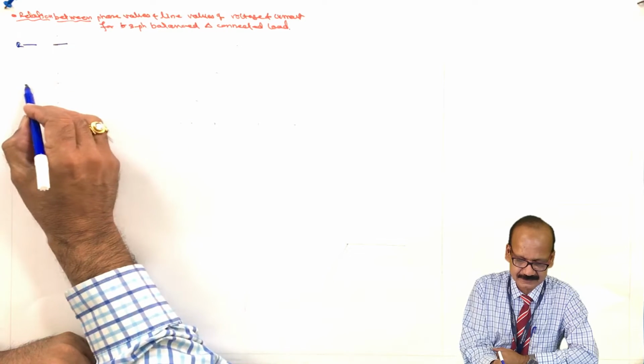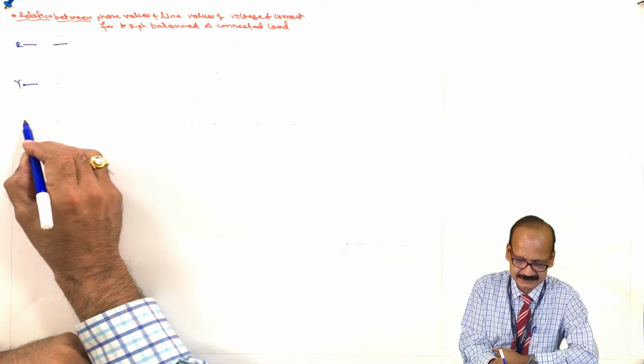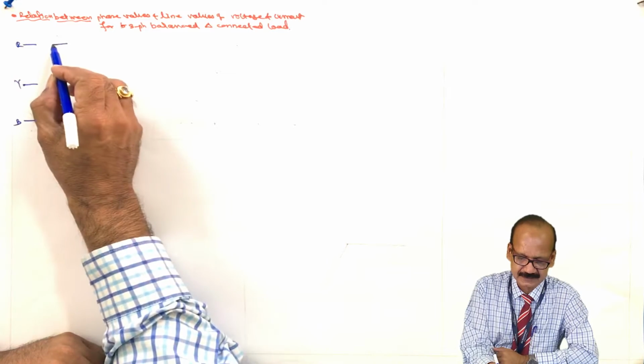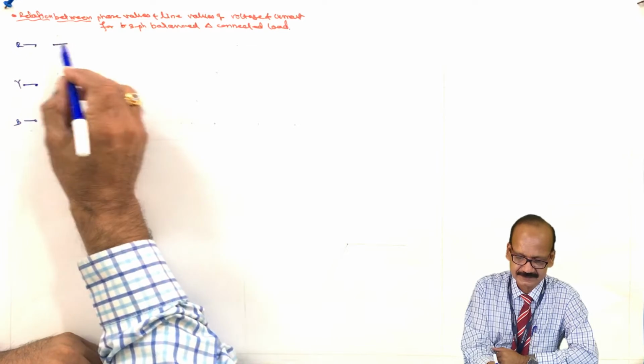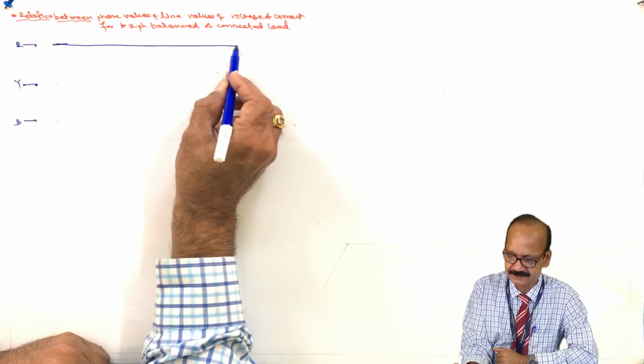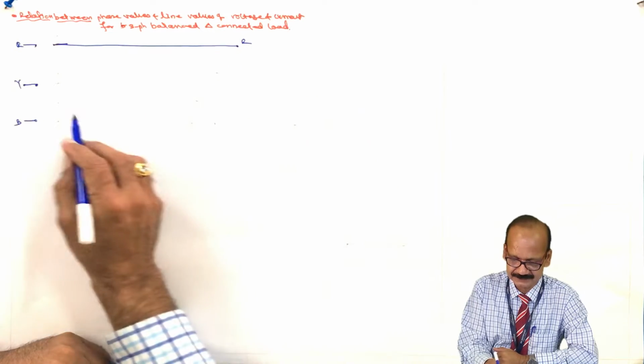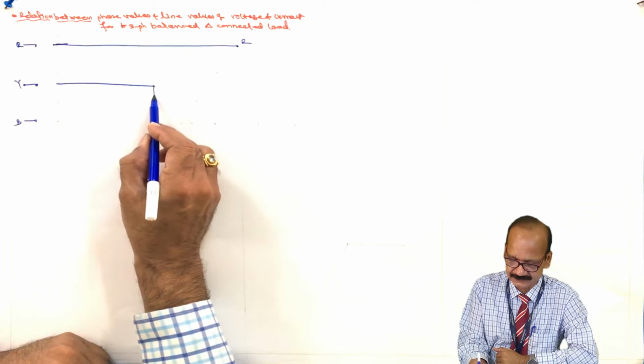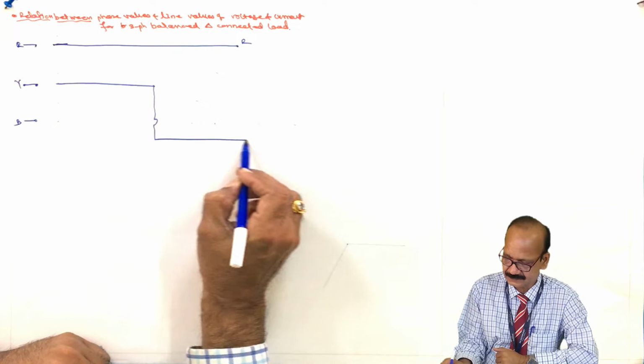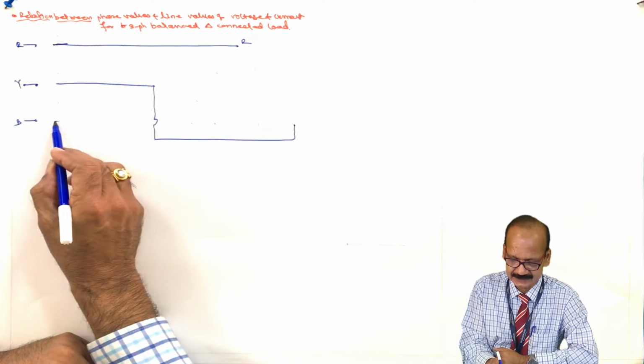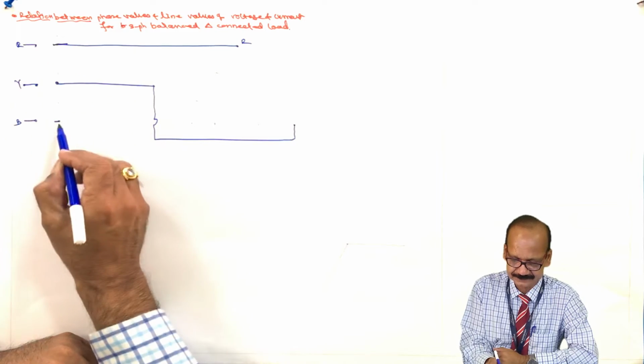This is R, this is Y, and this is B. This is the three-phase supply. So this is the R line, this is the Y line, and this is the B line.